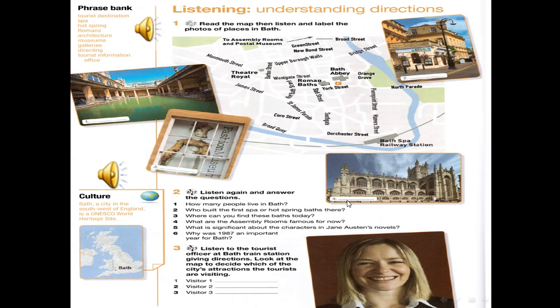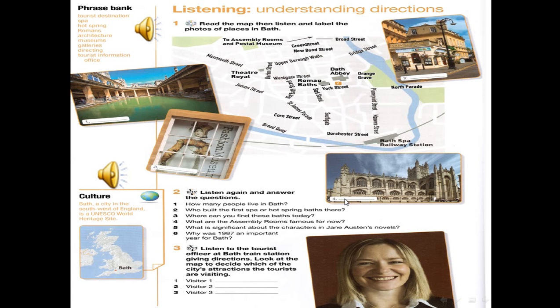Some of her most famous novels actually take place in the city, and her characters describe many of the places that modern visitors can still see today. Other places of interest include Bath Abbey, which was built on the site of an 8th century Anglo-Saxon church and the 200-year-old Theatre Royal. Selected as a UNESCO World Heritage Site in 1987, Bath is recognised as one of Britain's most culturally significant places.